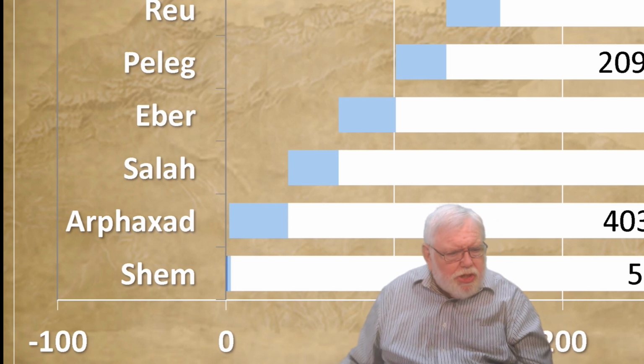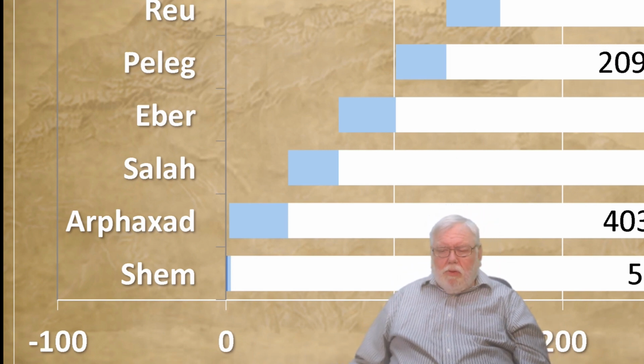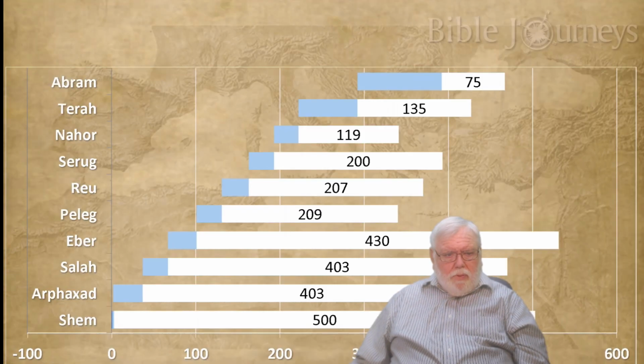And the thing is that Shem was born before the flood. But we know how old he was, not from any other number, but because he's related to the flood. Both of these genealogies are linked not to the age of the earth, but to the flood.